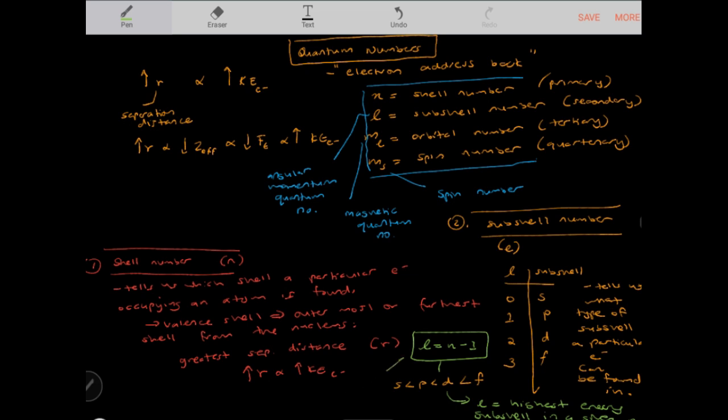So technically what this really means is that within a given shell number, L can take on values from 0, 1, all the way to n minus 1. We always start at 0, so 0 to n minus 1, right? Because they'll continue on. In some cases, n minus 1 is 0, so there's only one given subshell. So n minus 1 is the highest energy subshell within a given shell.